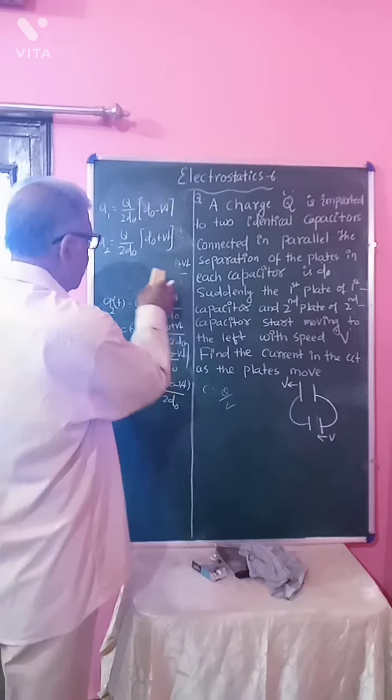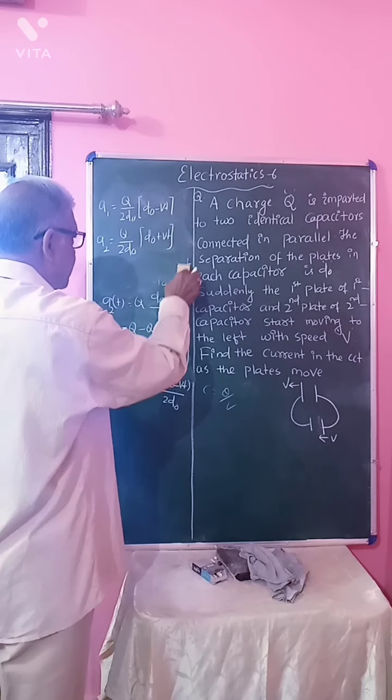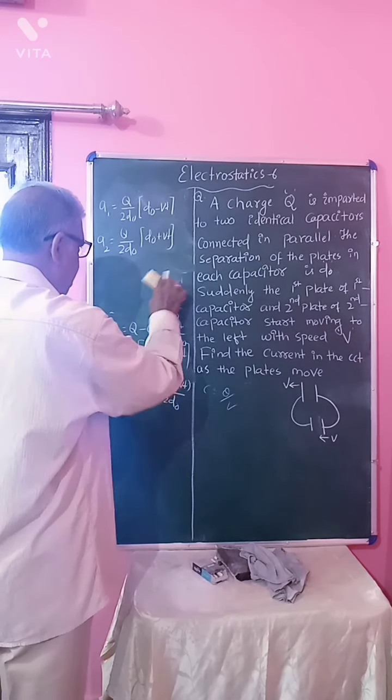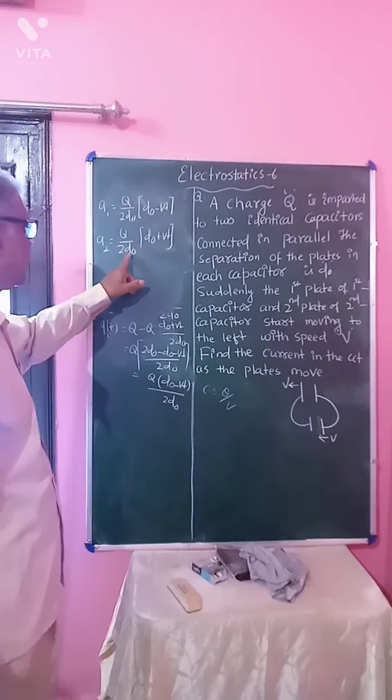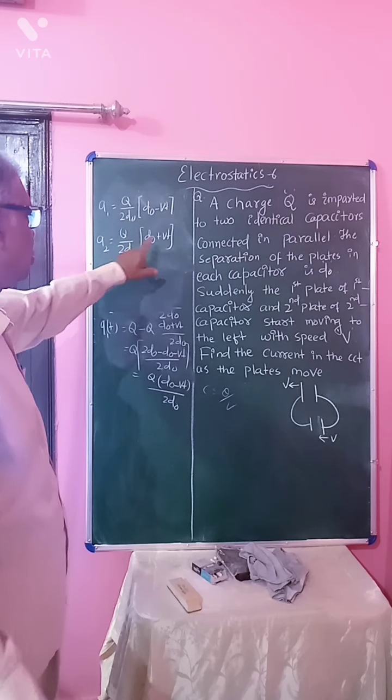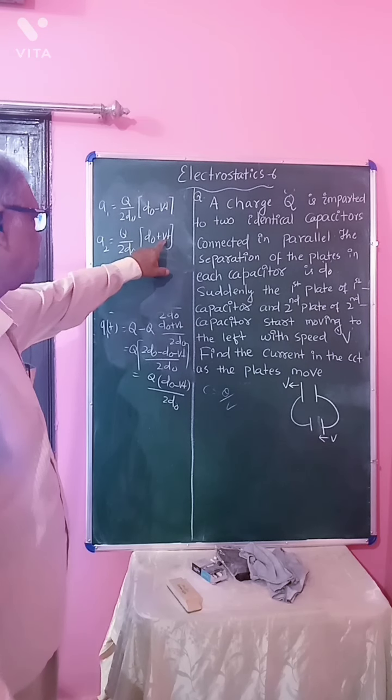This is the expression for the instantaneous charge in terms of the total charge Q, the initial separation between the plates d0, and the velocity of the plates.